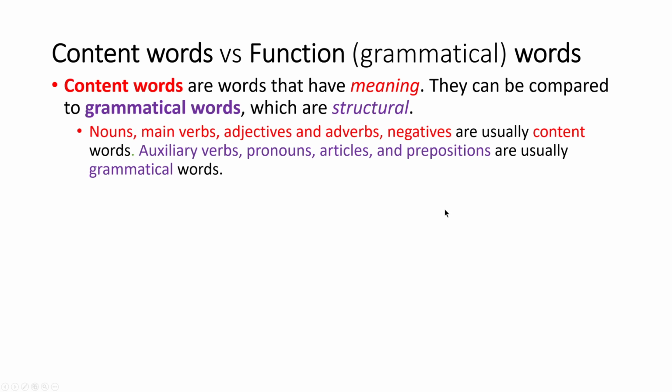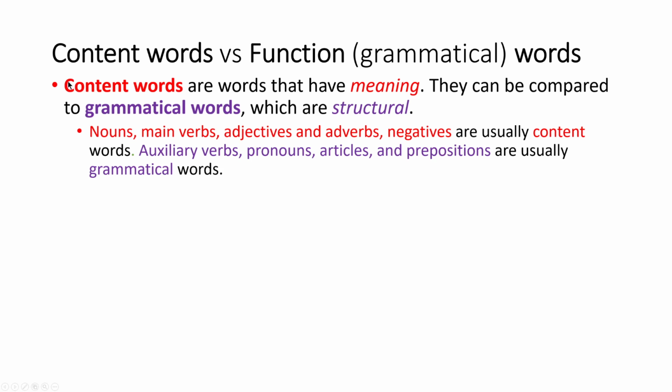So content words are going to be nouns, our main verbs, adjectives, adverbs, also negatives. Okay, these are going to be our content words. And auxiliary verbs, pronouns, articles, prepositions, and these kinds of words are usually grammatical words. Now, for our purposes, we don't need to be perfect here to know exactly which is a content word and which is a function word.